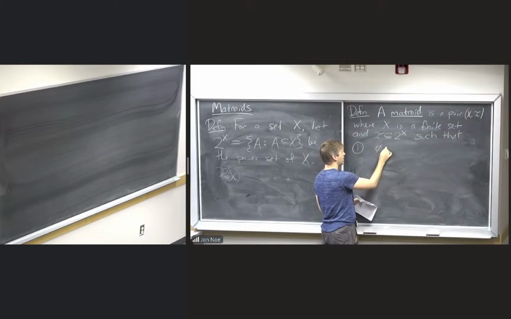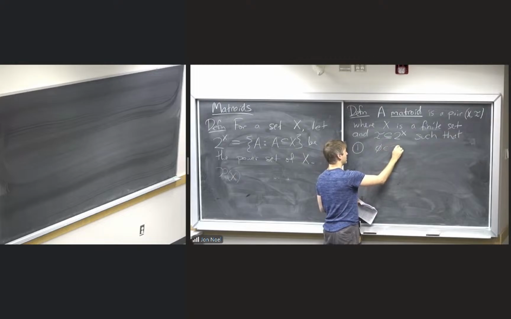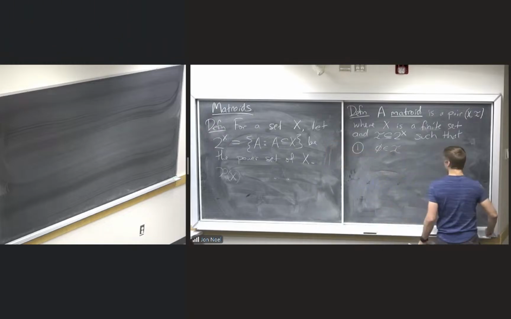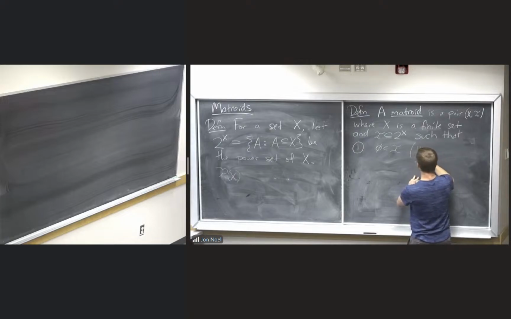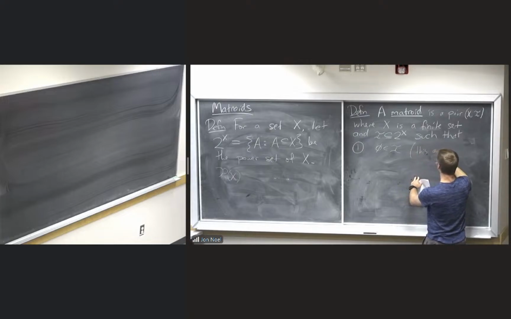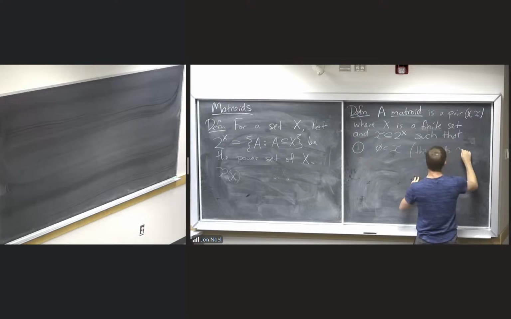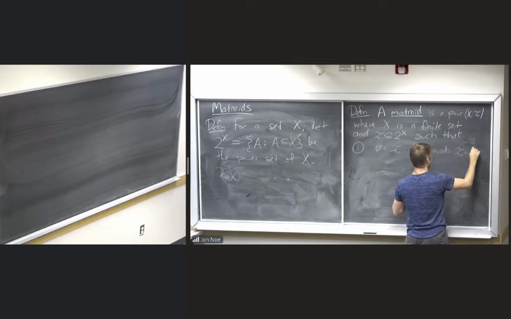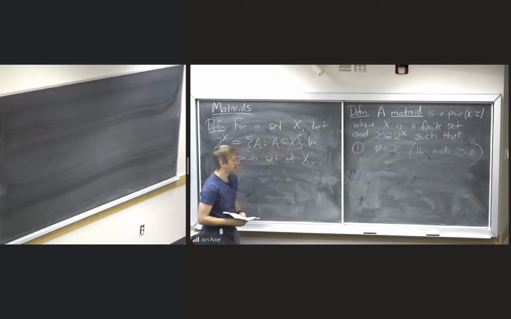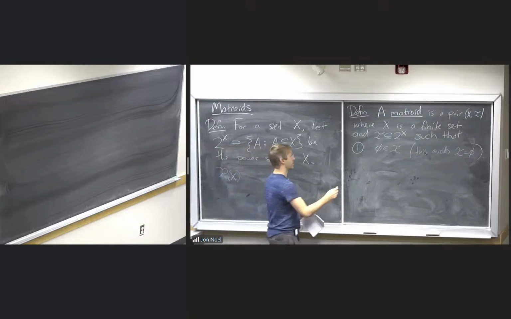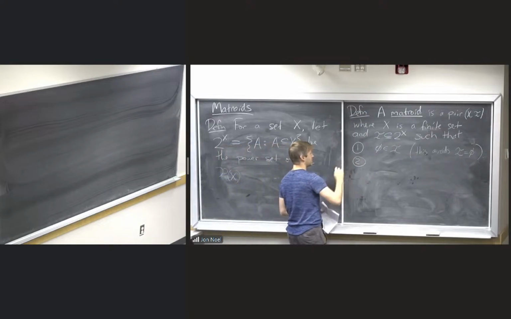So I'm going to say the empty set is an element of I. This avoids the situation where the whole collection is just empty. This is not a terribly interesting condition, but it's useful to assume it.